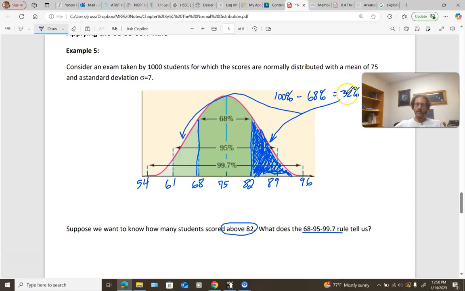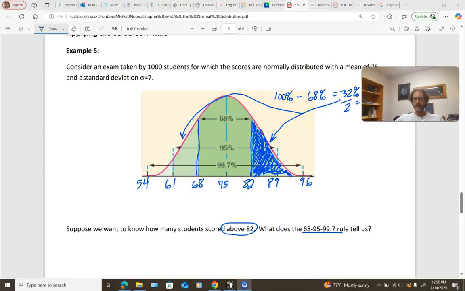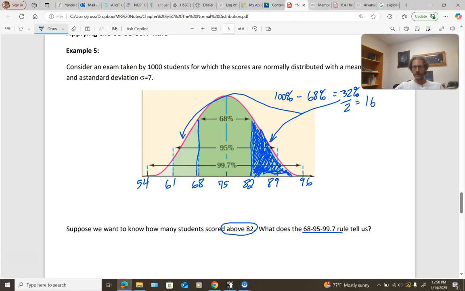So if you divide 32 by 2, that's going to tell you what's in just one of those tails. And in that case, it's going to be 16%. So we can say that within that one tail, there's 16% of the distribution. Or in other words, 16% of the students scored above 82.